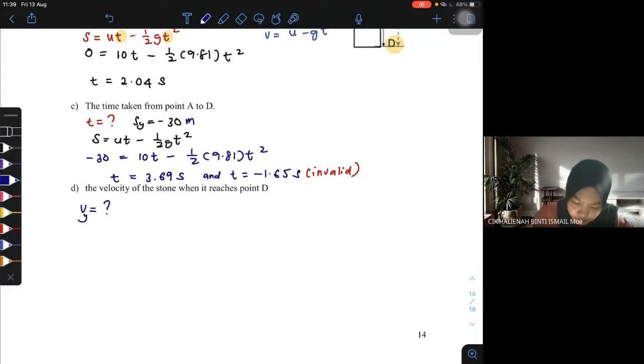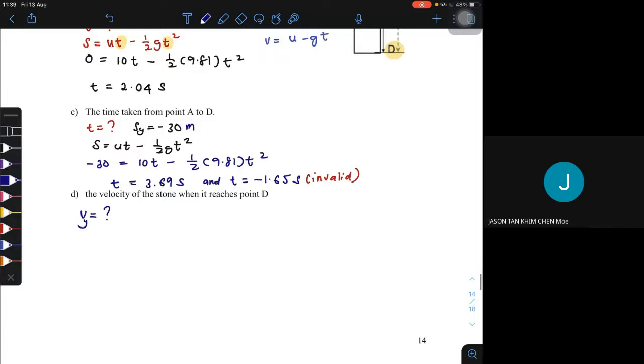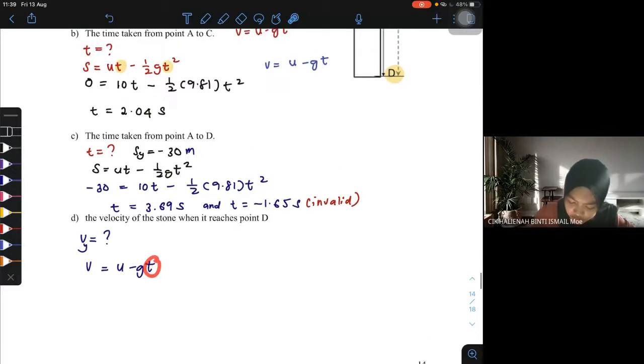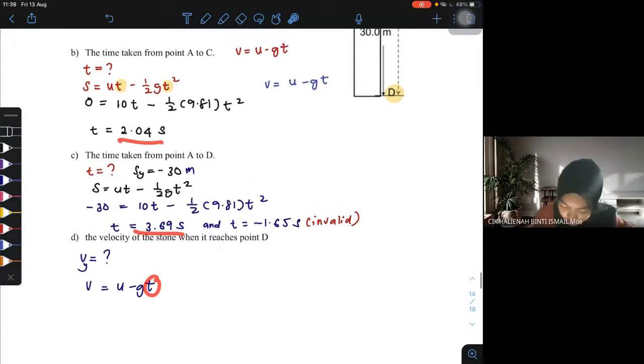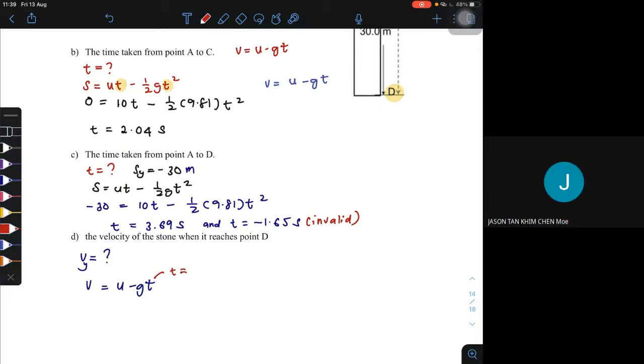And then which formula we are going to use? V equals to U minus GT. And then the value T here is which one? Adakah this one or this one? What is the value for T yang kita akan guna? 3.69.